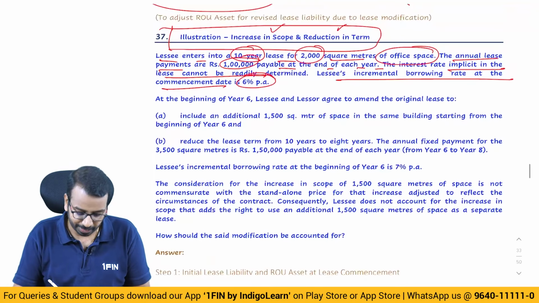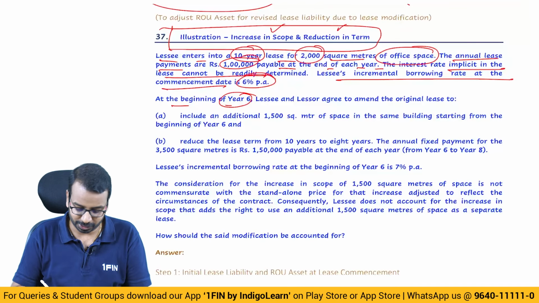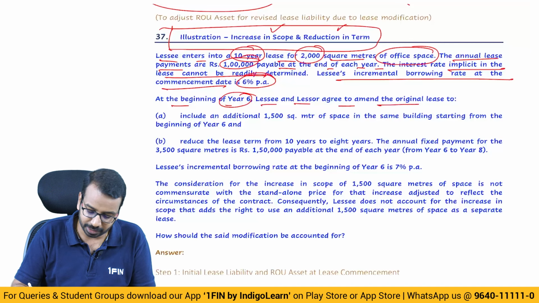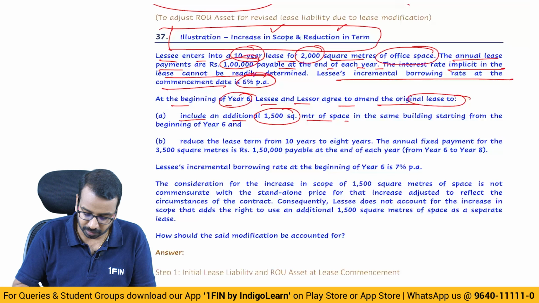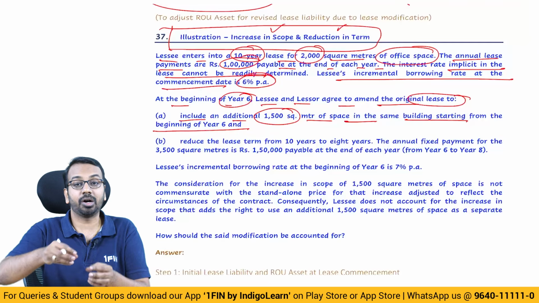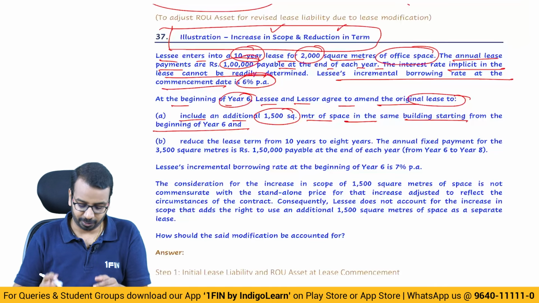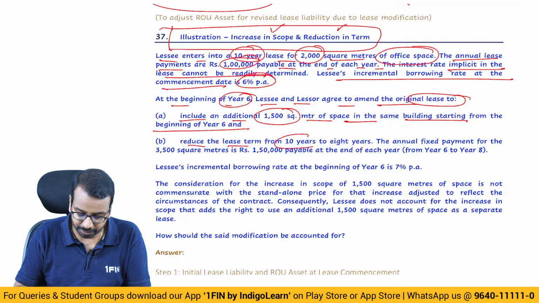Then at the beginning of year 6, means 5 years have passed by, lessee and lessor agree to amend the original lease to include an additional 1,500 square meters of space in the same building starting from the beginning of year 6. So, we are adding. This comes in the category of modification where a new right of use asset is being added, and reduce the lease term from 10 years to 8 years.